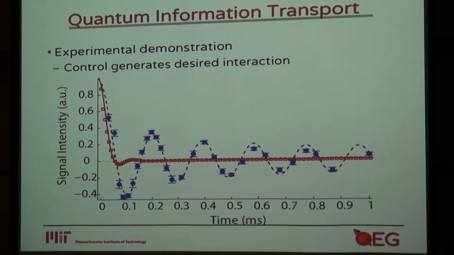But this is also bad because, of course, what I would like is that at some point when I reach the end of the chain, I will have a revival of my polarization at this other end of the chain. Unfortunately, if I just take the Hamiltonian, which is modulated by my pole sequence but in some sense given by nature, what I have is particular coupling strengths among the spins themselves.